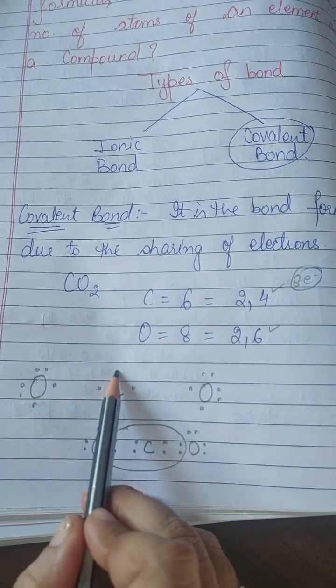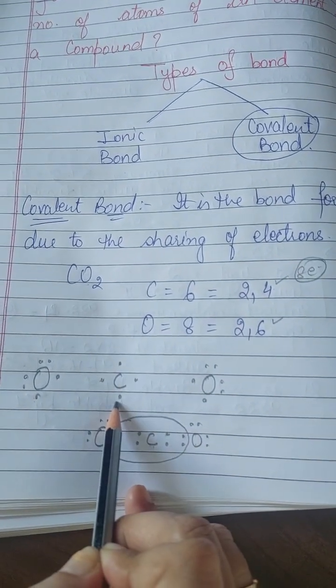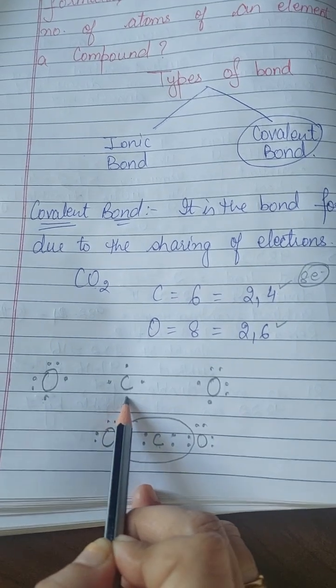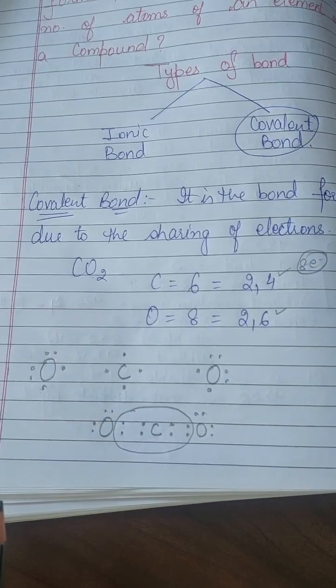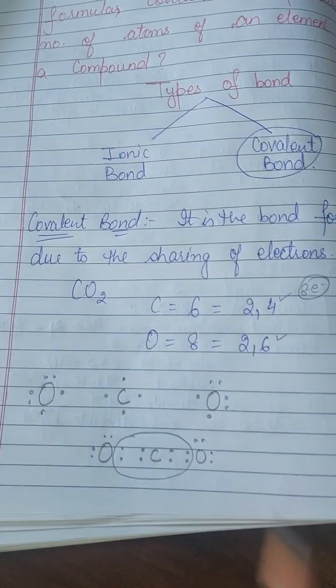Carbon already has 4 electrons. Now it requires 4 more electrons to complete its valence shell, that means to make 8 electrons.